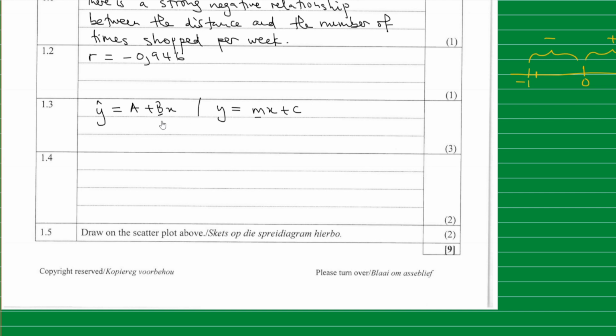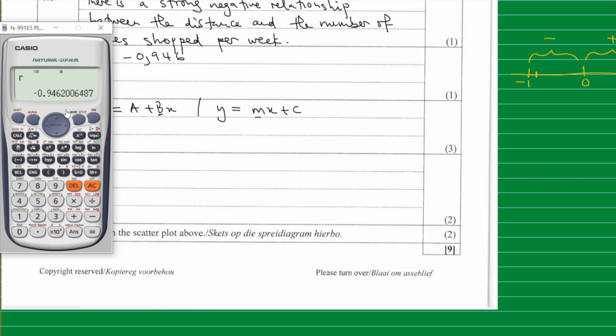So all we have to do is to extract the A value and the B value from our entries. Now we have the values in our calculator. So remember, we used them to find R, so we can still use that data set.